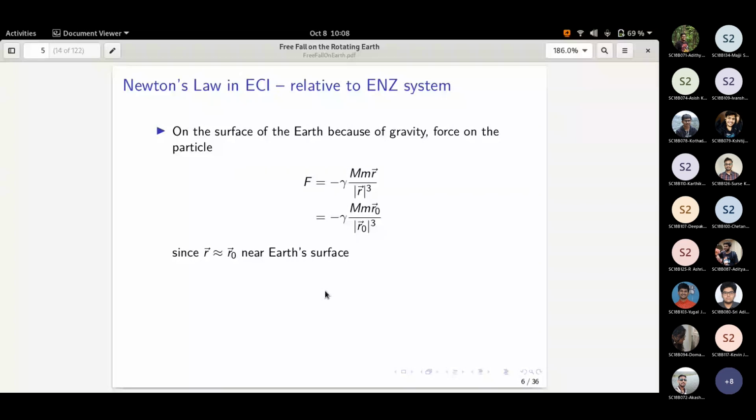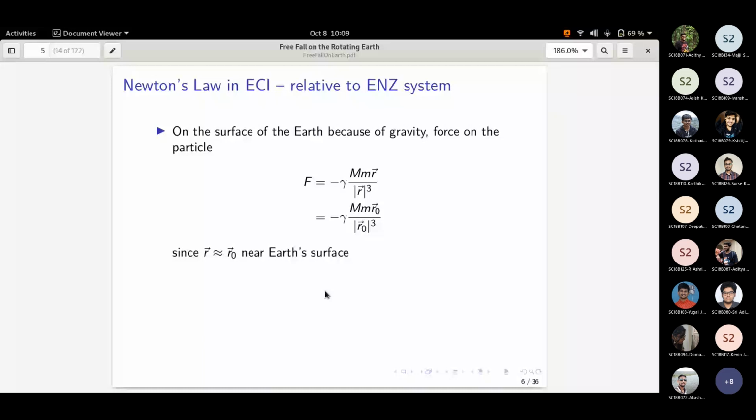We use the approximation that the position vector r and r naught are the same, where r naught is on the surface of the earth: the line joining the centre of the earth to the particle intersects the surface of the earth at r naught. That is the assumption we are making.